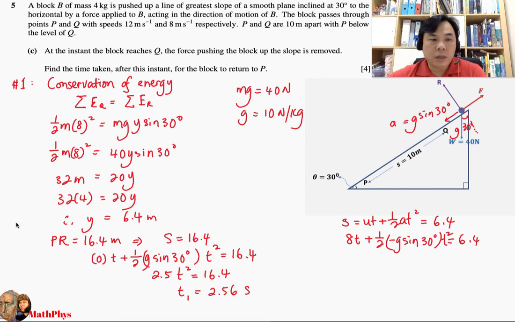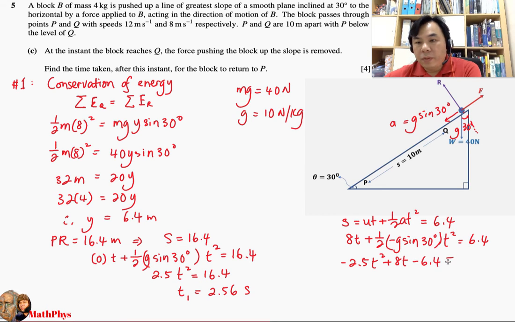Hold on, just let me clean that up. So let's multiply this, t squared equal to 6.4. All right, so from here I would indirectly get the quadratic equation. All right, so let me see, what do I have here? Negative 2.5 t squared plus 8t minus 6.4 equal to 0 here.